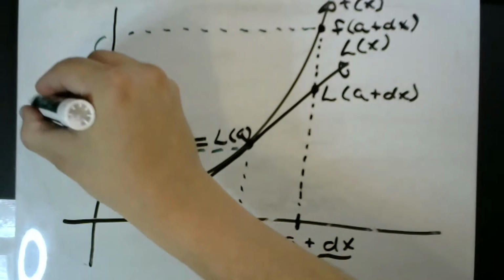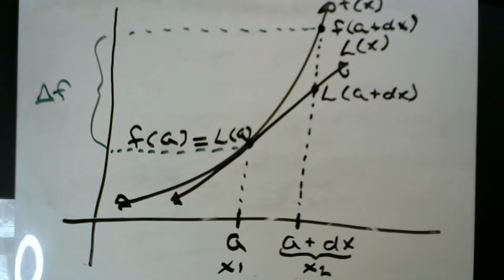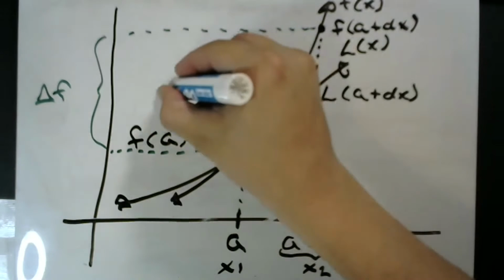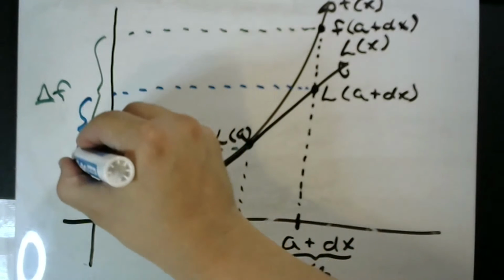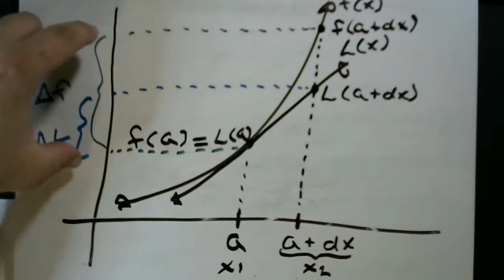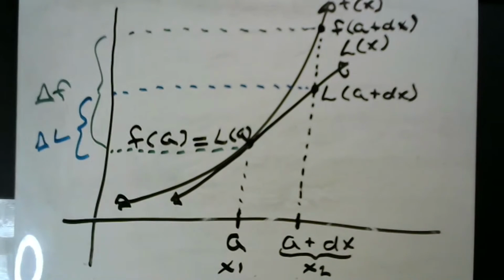This here is delta F. And then we're also going to look at the distance delta L. So you have delta F and delta L. And you'll see why this is going to be important, why we're going to compare these two distances. So first thing, let's just say what delta F is.